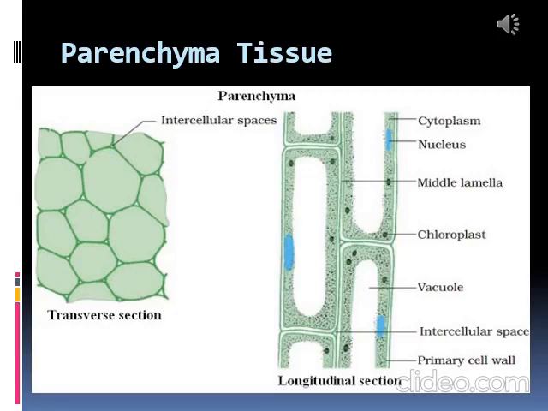The cell wall is thin, made up of cellulose, and in the center a large vacuole is present, and the cytoplasm lies towards the periphery containing the nucleus. All the cells are loosely packed with small and large intercellular spaces occurring between the cells. Both the transverse section and longitudinal section are shown to you.